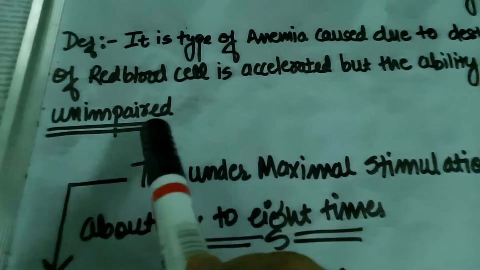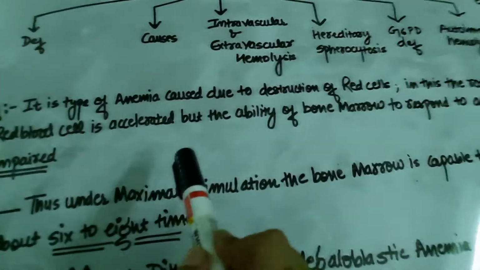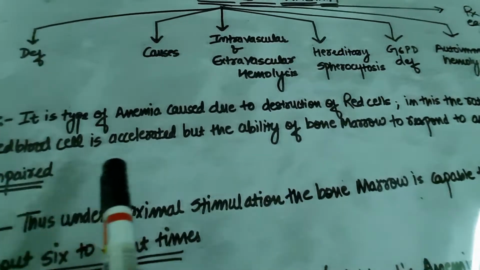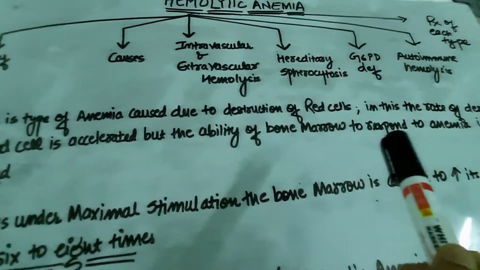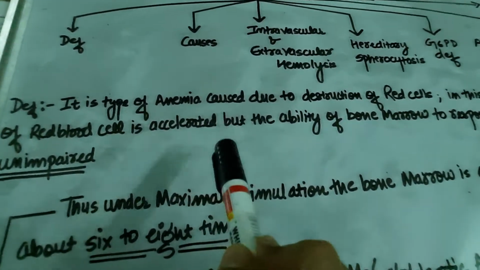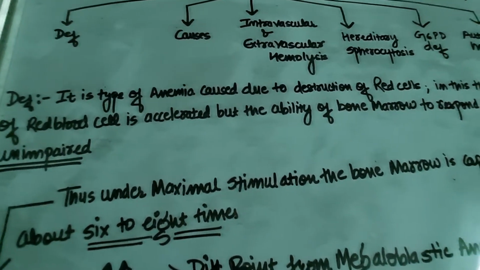That is why I have underlined it. So, according to this definition, there is accelerated destruction of red blood cells, but the ability of bone marrow to respond to this anemia is unimpaired, which means that there is no pathology of bone marrow. The bone marrow is normal.